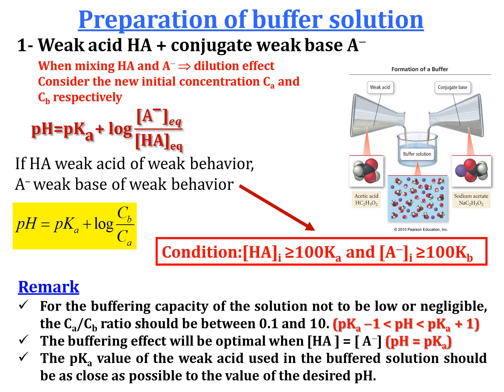In other words, if you want to prepare a buffer solution at pH equal 4, you could not take a couple HA/A- that has a pKa of 6. The pKa of the couple we use should be close to the pH of the buffer solution.